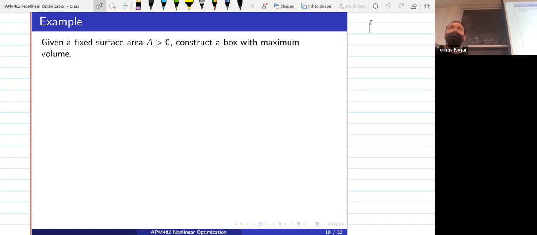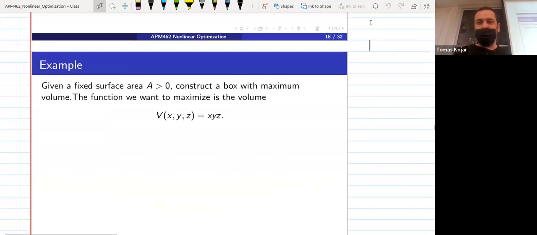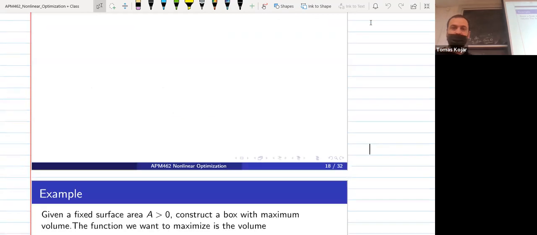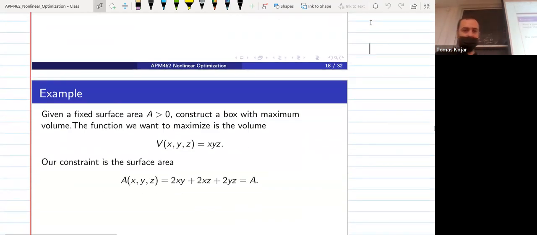Make a box that has maximum volume given that amount of cardboard surface area. What would be the best size for the box? So we want to maximize the volume of the box or minimize it. Our constraint is the surface area.